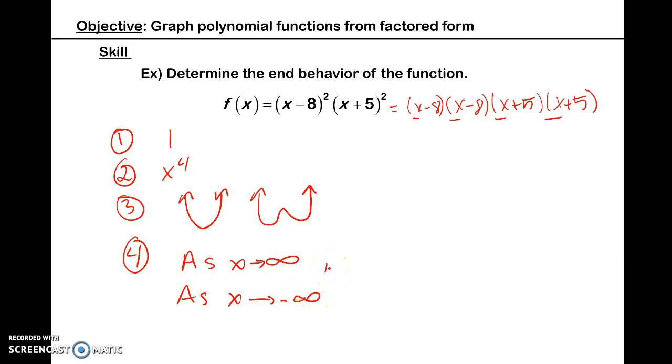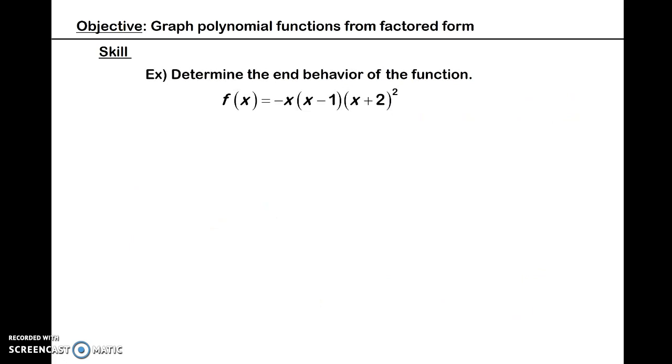Both of these have the same end behavior, right? So as I go to the right, it's going up, and as I go to the left, it is going up. So we can say f of x is going towards positive infinity, f of x is going towards positive infinity. And thus we have determined the end behavior of this function.